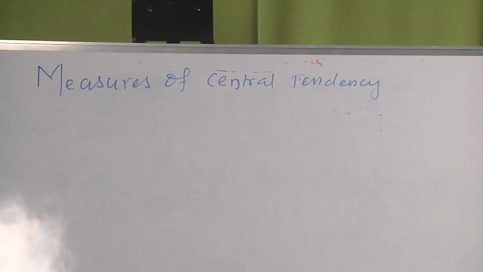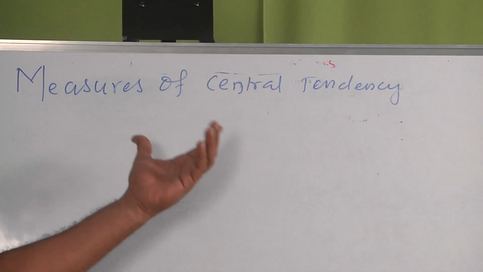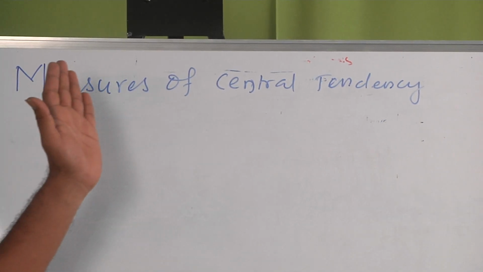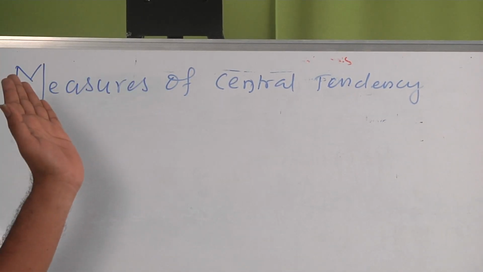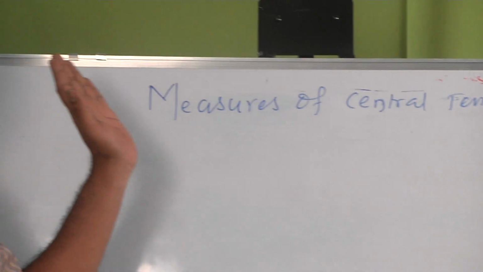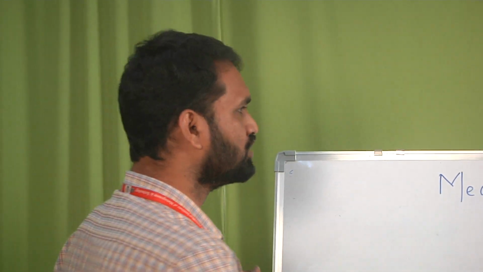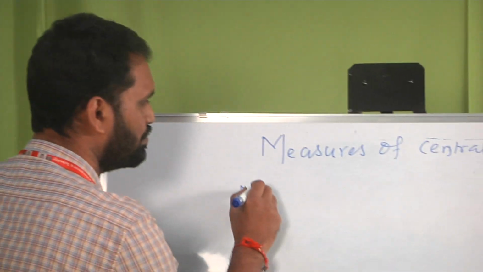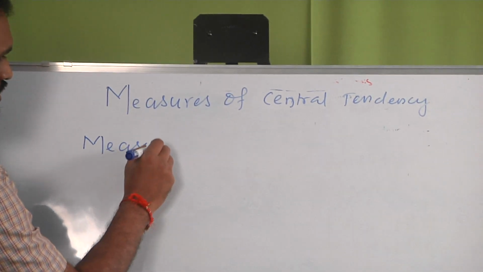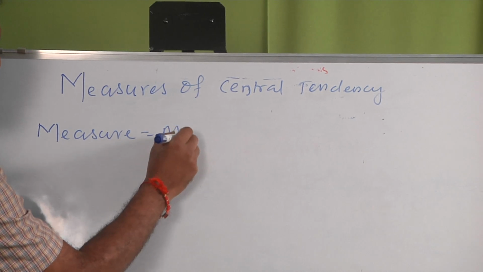What is the meaning of measures of central tendency? Where is it used? That is a very important measure in statistical analysis. This is a very fundamental concept used in statistical analysis. Right? So what is the meaning of measure? Measure is nothing but method.